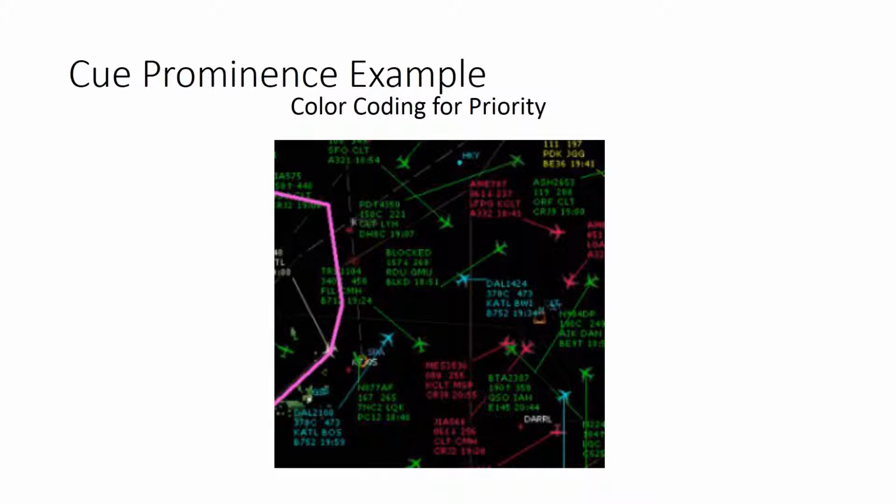Because maybe they're in danger of collision, right? Or maybe they're low on fuel, or maybe they're at an inappropriate altitude, right? So what the system is doing is it's tracking that information and it's providing a very prominent cue to the operator so that the operator can really quickly hone in on the aircraft that need his attention.